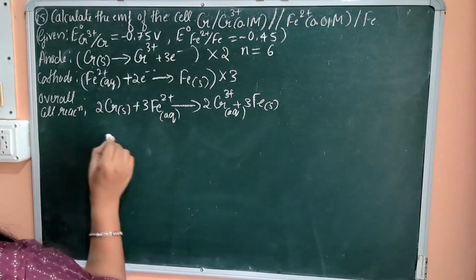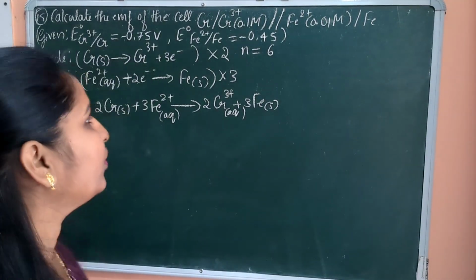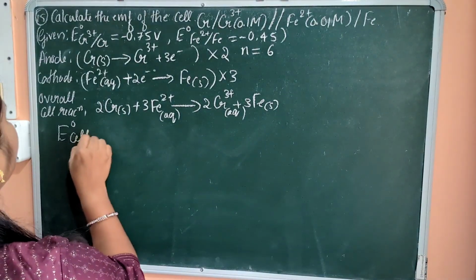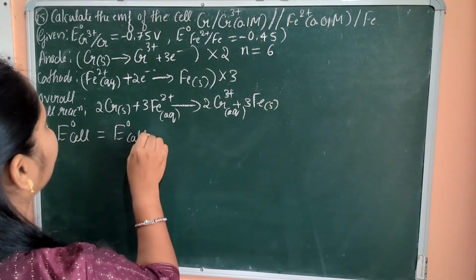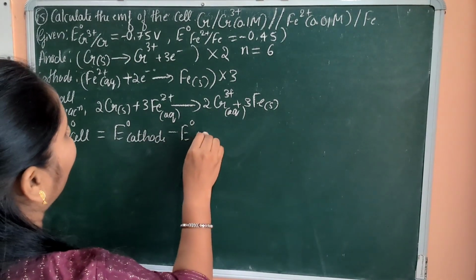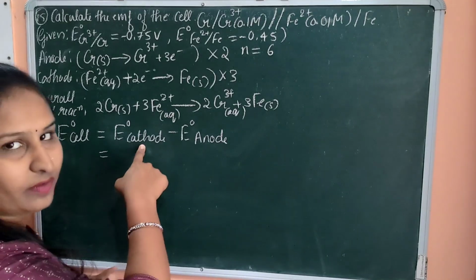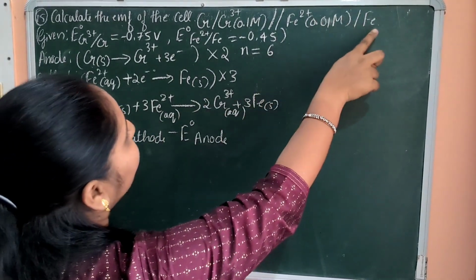Now for the calculation using the Nernst equation, we have to calculate the standard electrode potential, that is E naught cell. E naught cell is equal to E naught of cathode minus E naught of anode. We already have the values for cathode and anode. Cathode is the one where reduction will be occurring. Which is undergoing reduction? Fe is undergoing reduction.